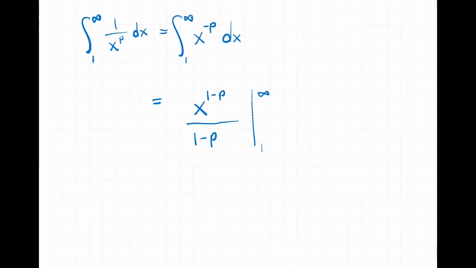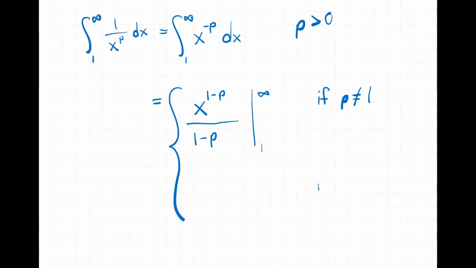Now, we said that our p is greater than 0. We've made that assumption. And that's fine. But what happens if p equals 1? Then we can't divide by 1 minus 1. That would be 0. That doesn't work. So this is true if p does not equal 1.